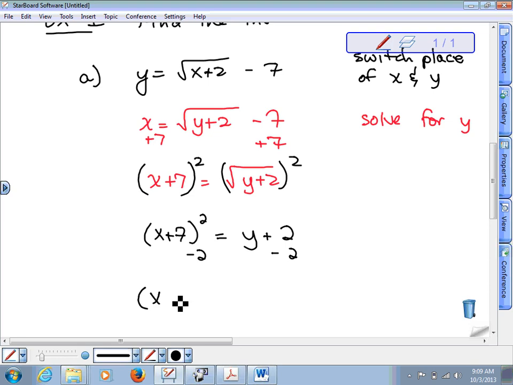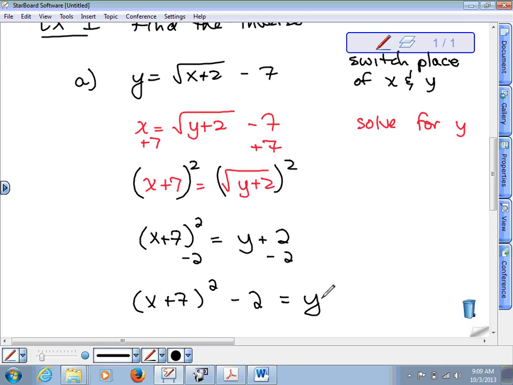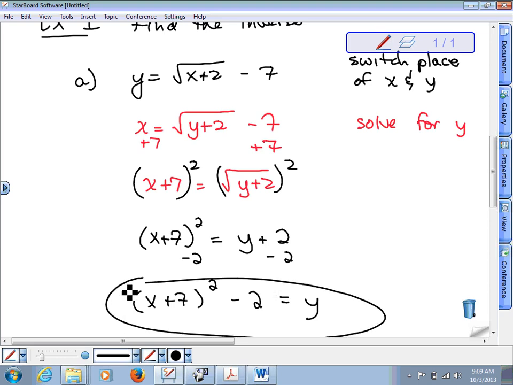So we're going to have (x plus 7) squared minus 2 is equal to y. Okay. What is this right here? What's the relationship between this and what we started with? These are inverses.